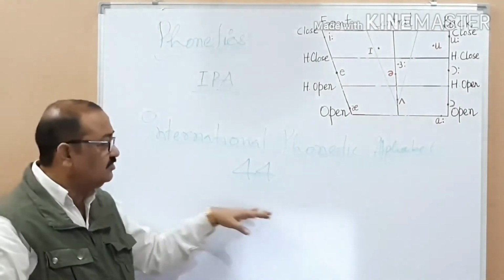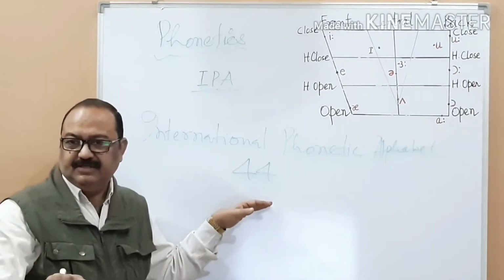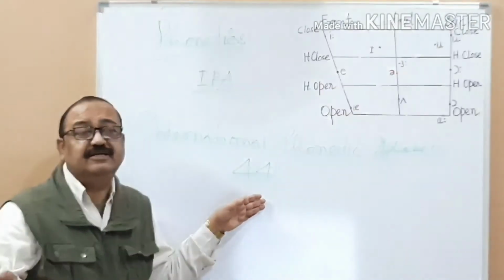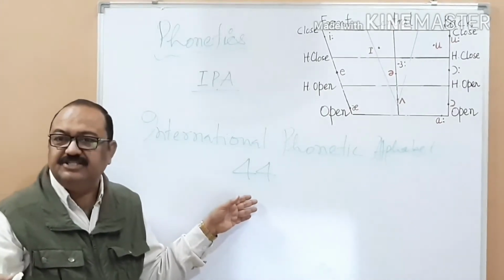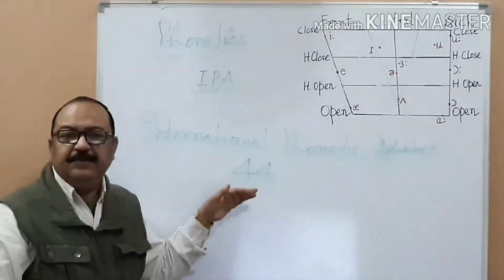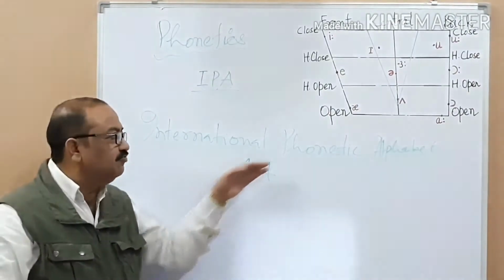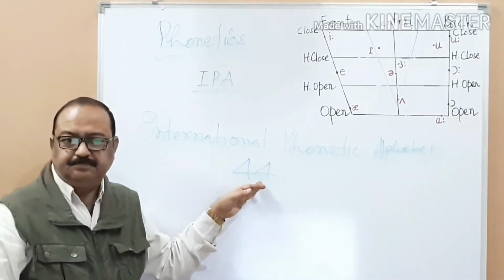So therefore, to solve this vexing issue, why is it vexing? It is baffling, confusing, puzzling for Indian students or for second learners of the English language. IPA has evolved these 44 symbols or sounds.